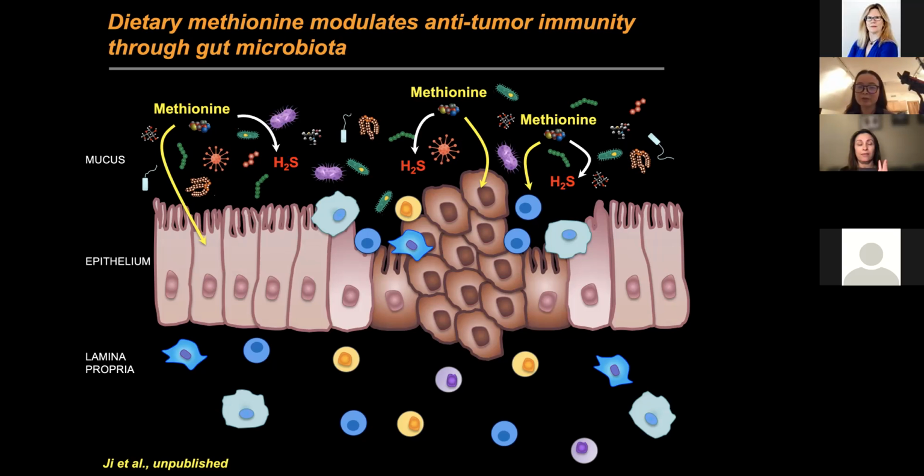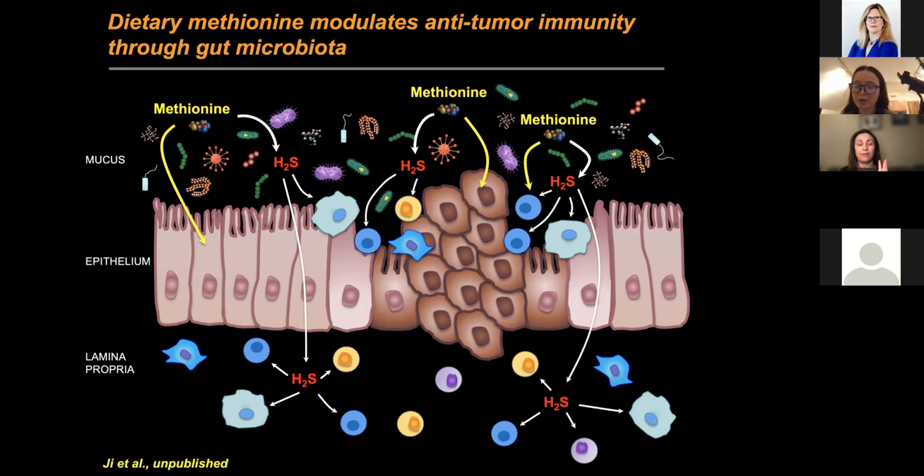This hydrogen sulfide can indirectly activate anti-tumor activity, and our study also showed that this hydrogen sulfide production from the gut has some systemic impact on anti-tumor immunity.